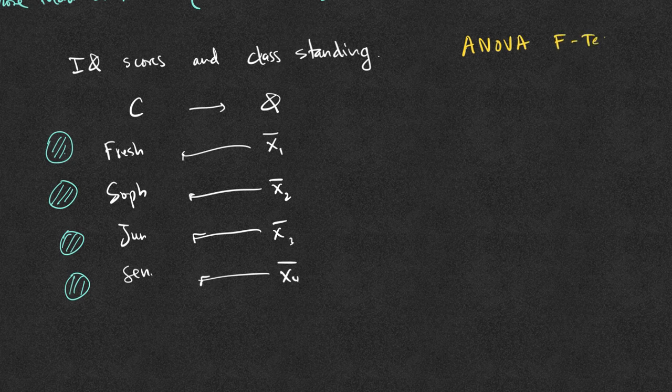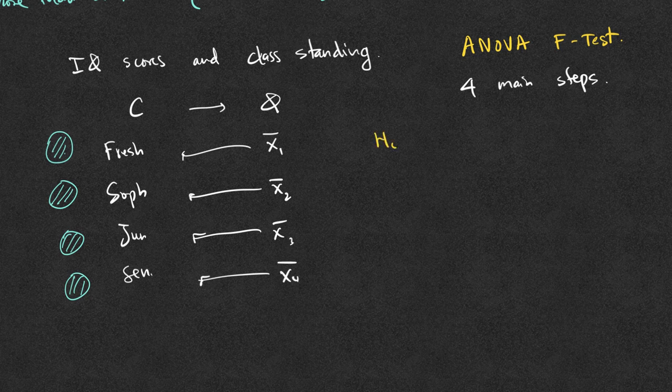ANOVA F-test stands for Analysis of Variance, ANOVA. For the ANOVA F-test, the procedure is very similar to the hypothesis testing that we've done before. There are 4 main steps. The first step is to state the null and the alternative hypothesis.